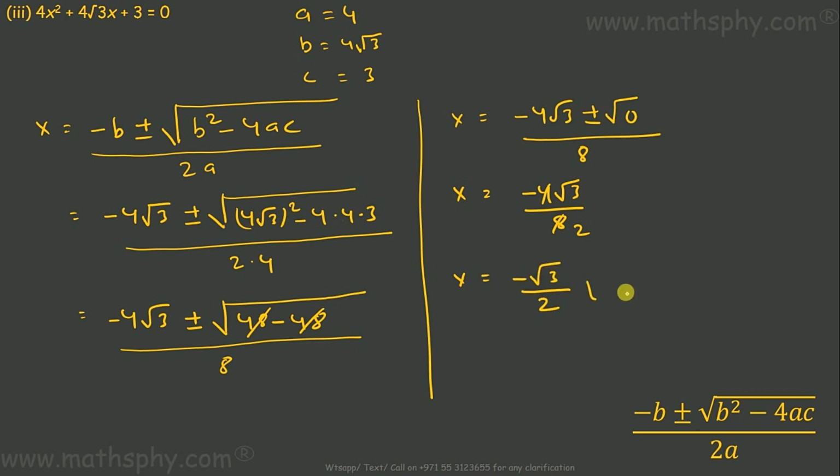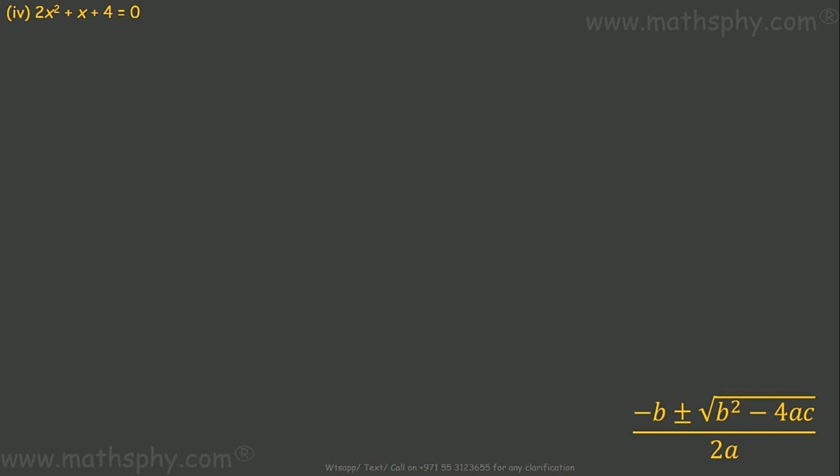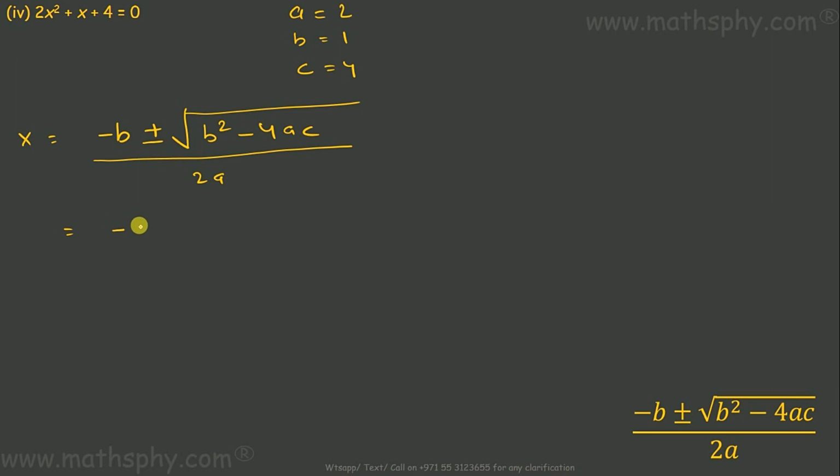That's the answer here. This one here, a is 2, b is 1, and c is 4. So x is equal to negative b, which means negative 1, plus minus root b square, which means 1 squared, minus 4 into a, which is 2, into c, which is 4, over 2a, which means 4.